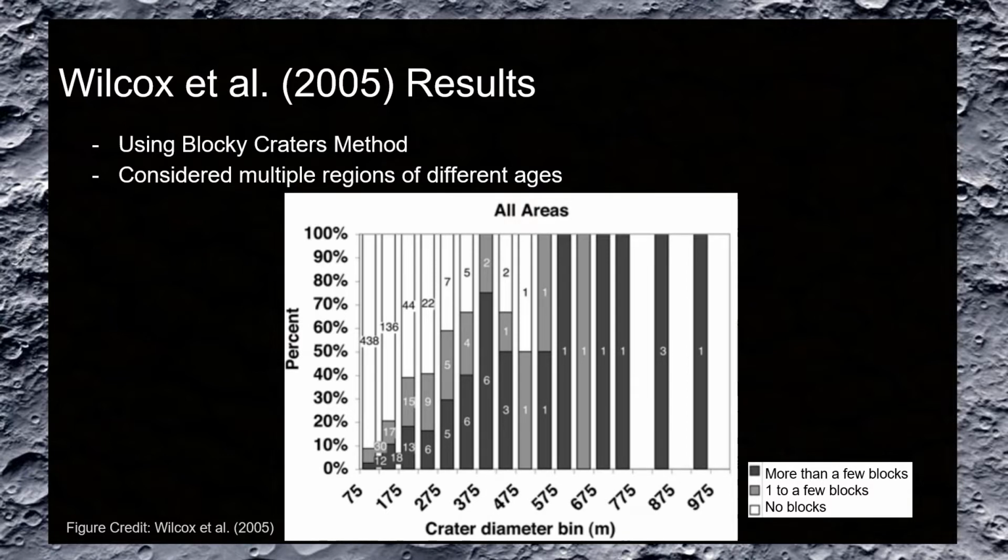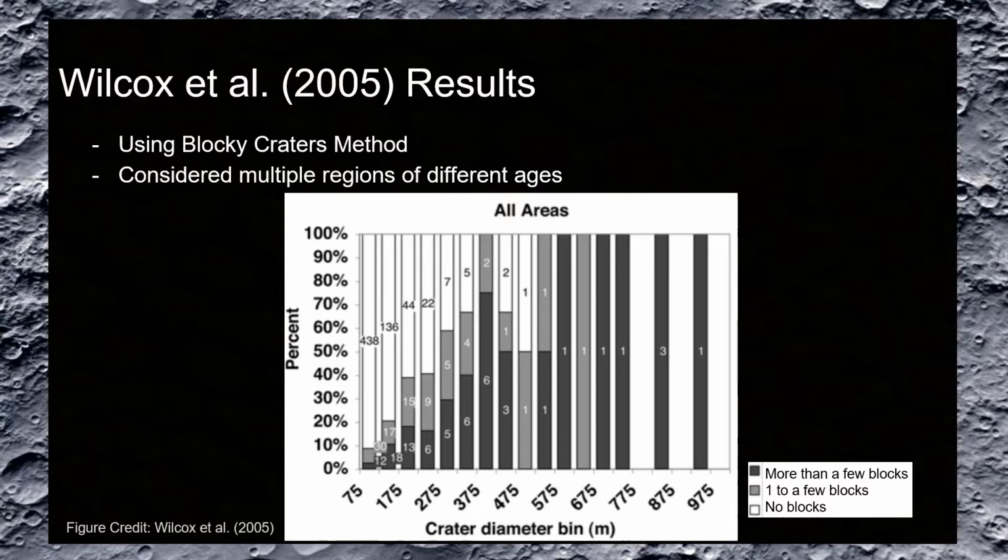So the reason for the middle category, the one to a few blocks in gray on the graph, is to account for the possibility that a rock may have been mixed in with the regolith or may have already been present on the surface nearby, and so it wasn't excavated. So the one to a few blocks category is figuratively and literally a gray area.